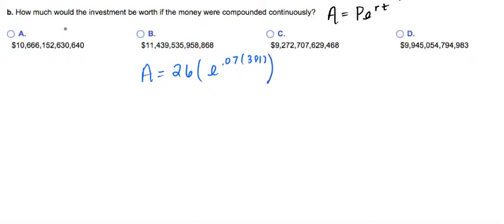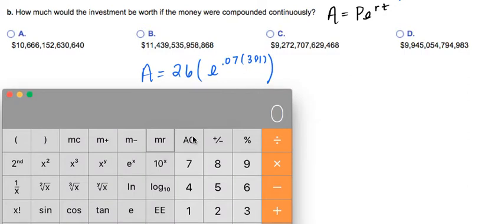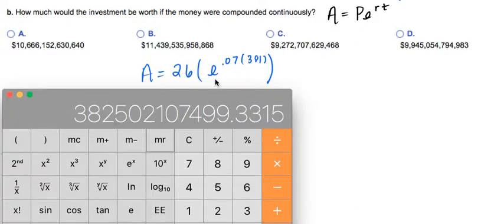So this is, again, something that we're just going to enter into the calculator. I'm going to do 0.07 times 381. It's 26.67. I'm going to add that to my memory just in case. Then I'm going to hit the E button. I think that definitely does e to that power.